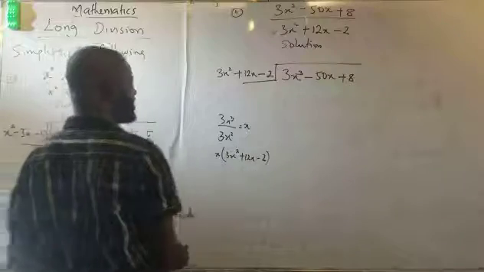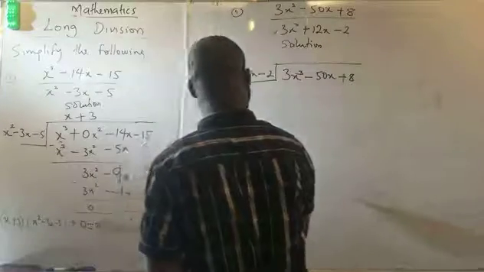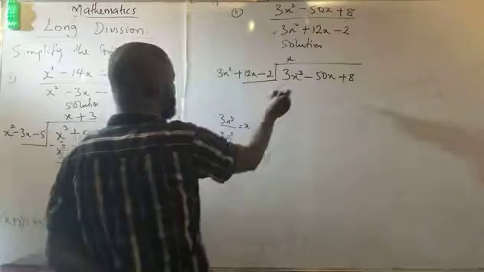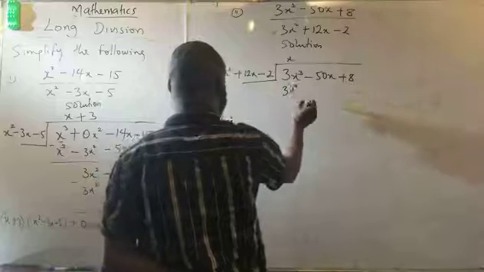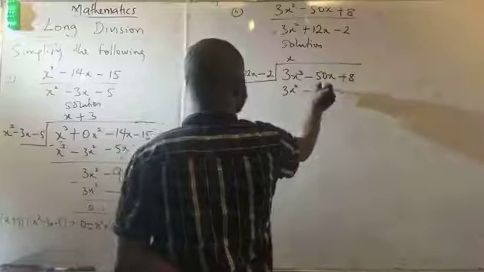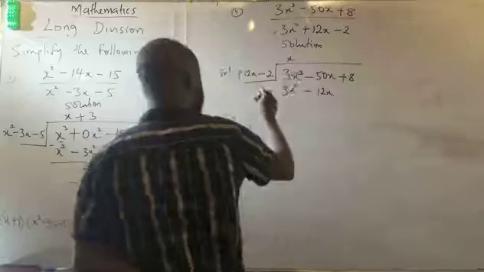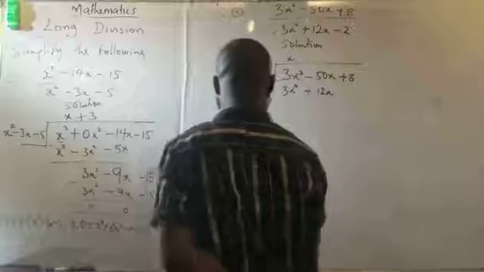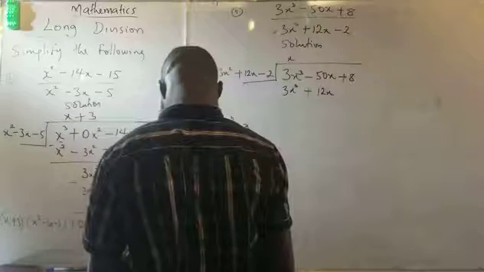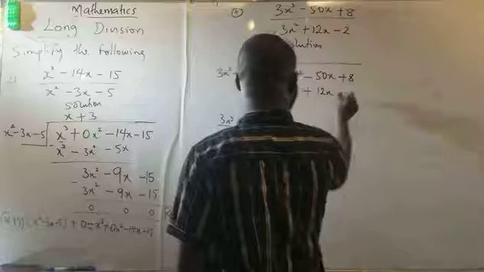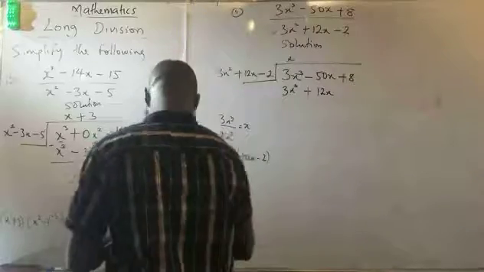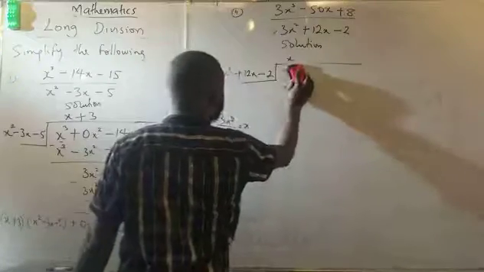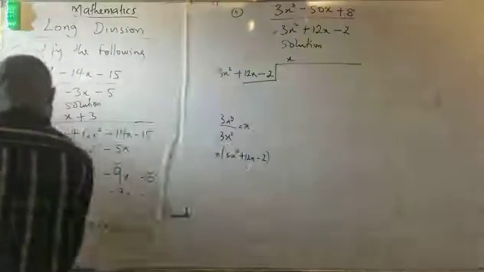Now, it will be 3x cubed plus 12x, and I'm not making a mistake, plus 12x. Oh no, there is a problem. I was like, oh, something is wrong. So permit me to write it in a complete way.